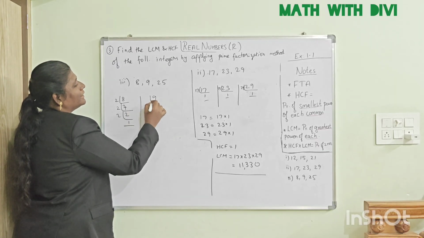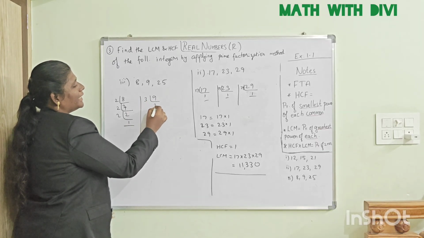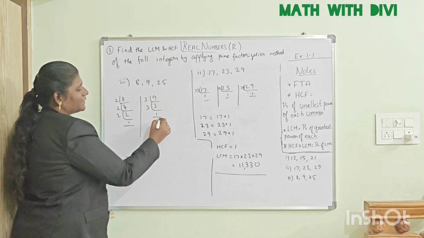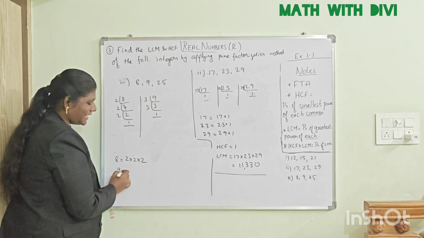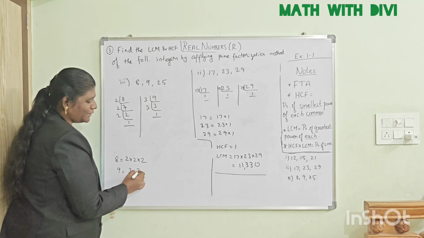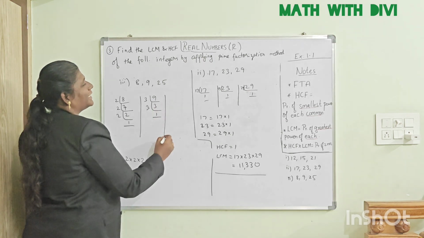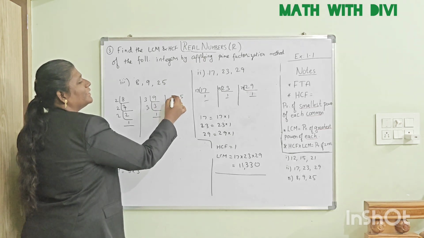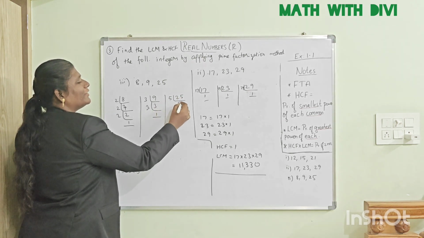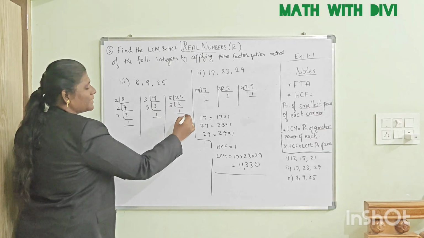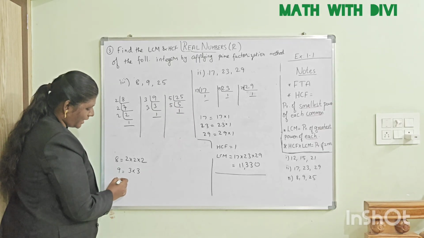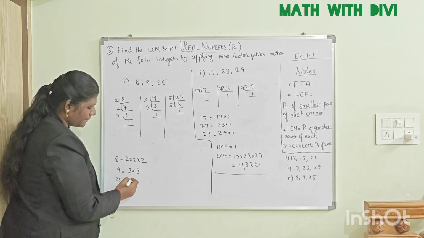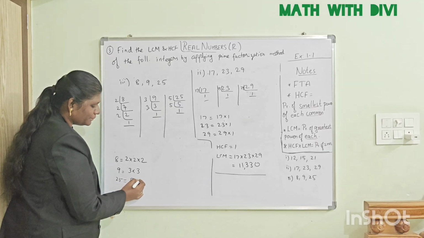Similarly, 9 can be written as 3 into 3. And 25 is 5 into 5, where 5 is a prime number.